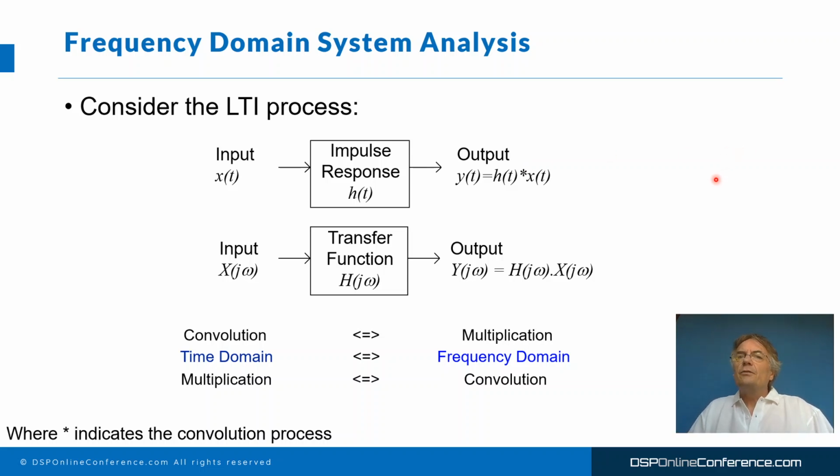So the trade-off here is that we've massively reduced the number of MIPS required for this indirect path, but the cost is that we have a much longer latency, because in this input stage we have to acquire a number of samples equivalent to the length of our FFT.